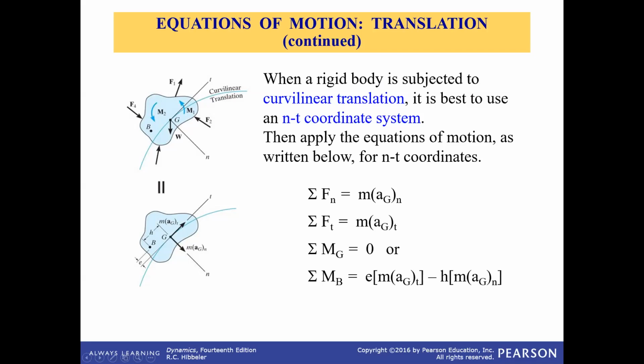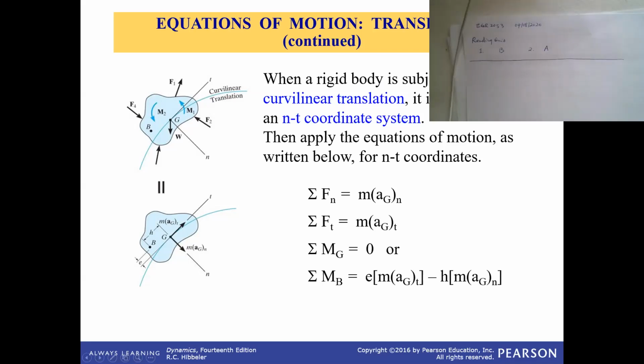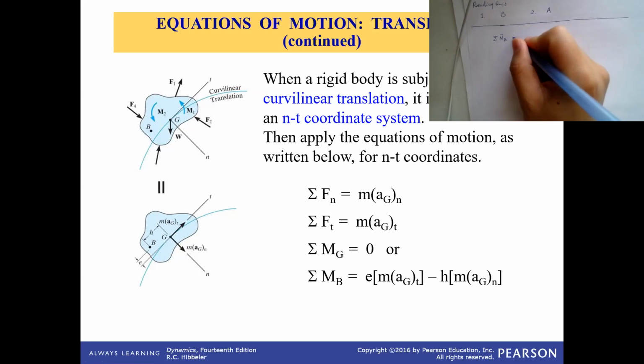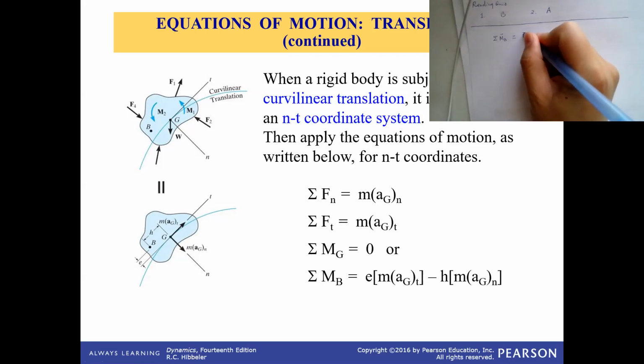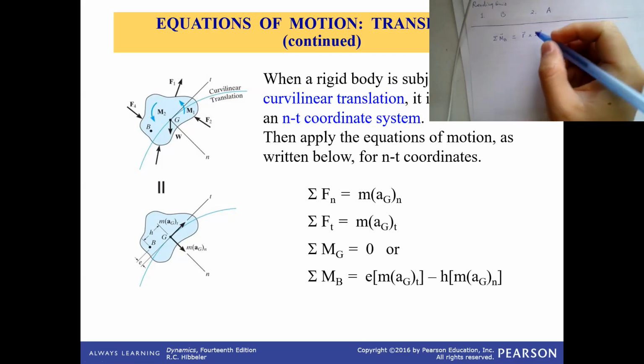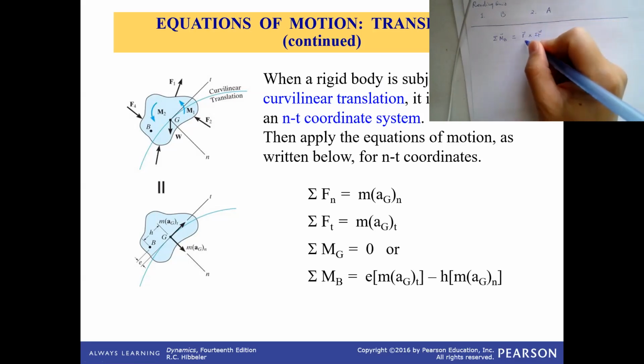Although there's no detailed derivation, I can show you quickly here. For the net moment about rotational axis B, this should be coming from r cross the net force. Now you are having a new axis of rotation, so it will be r of the center of mass with respect to this new point.